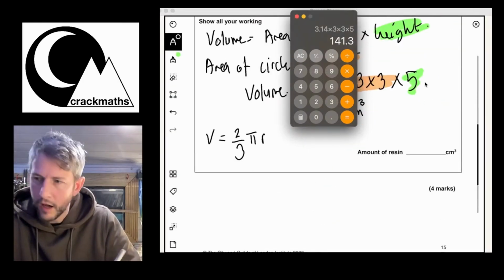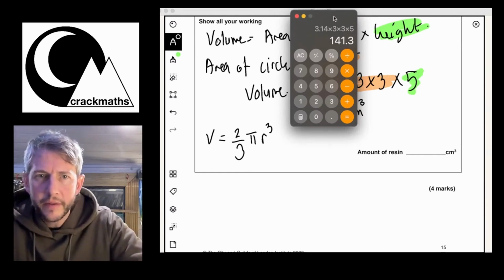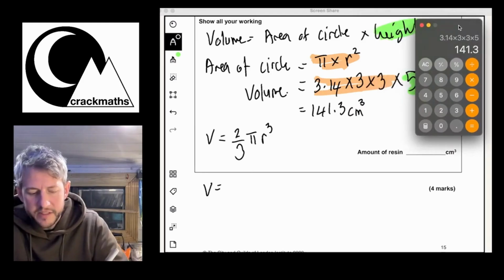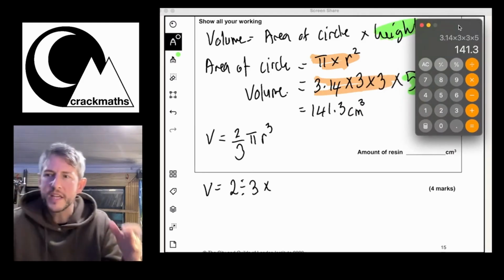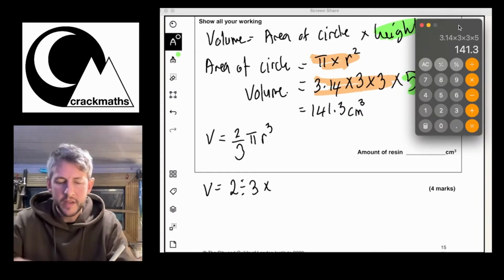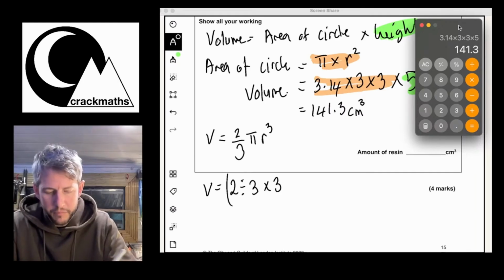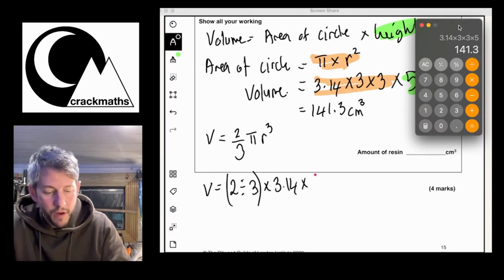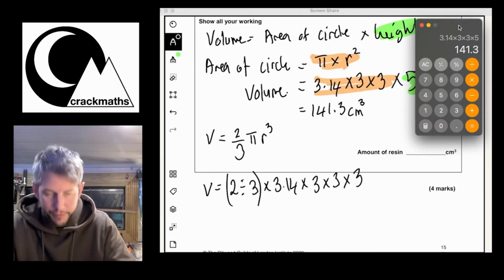So what that's going to mean here, 2 over 3 means 2 divided by 3. And then remember, when we see things like pi and letters next to each other, that means we're multiplying them. So pi is 3.14. So 2 divided by 3, I'll put brackets around this, times 3.14 times the radius, which was 3. So times 3 times 3 times 3.